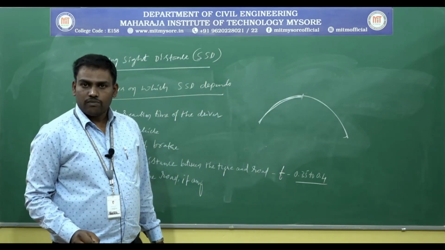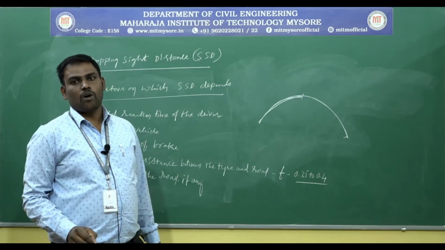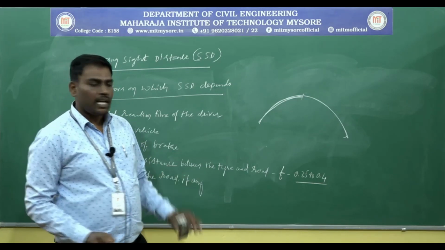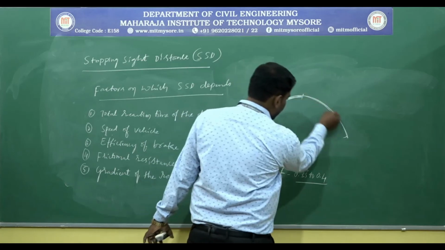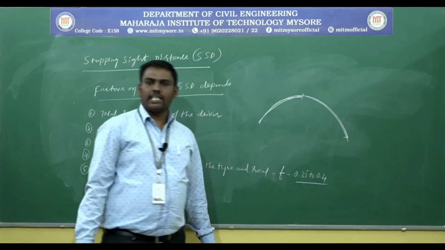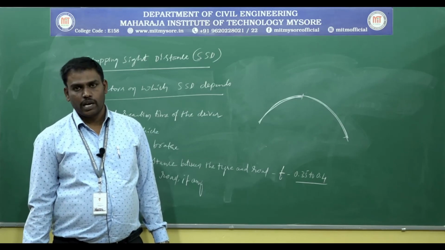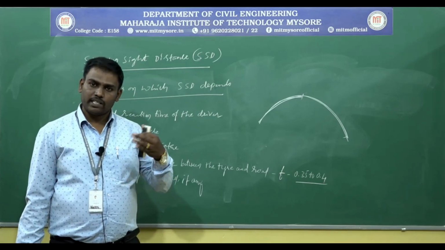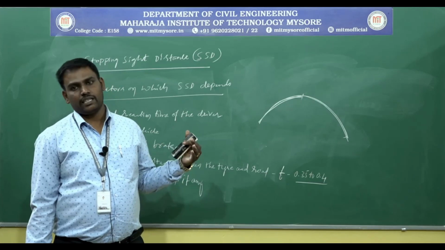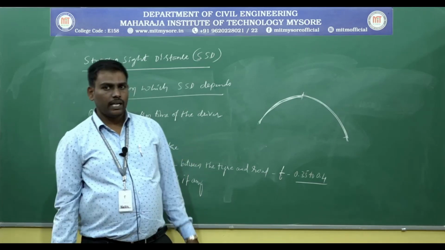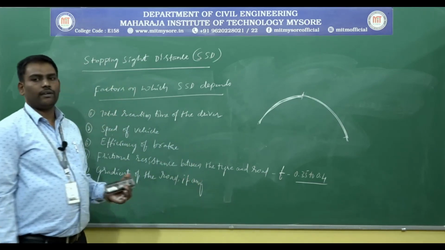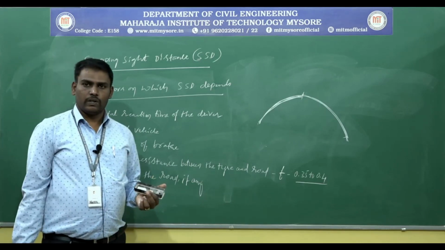Okay, for the ascending gradient the stopping sight distance will be less compared to descending gradient. Okay, for the descending gradient the stopping sight distance will be more. Okay, that is regarding the gradient of the road.